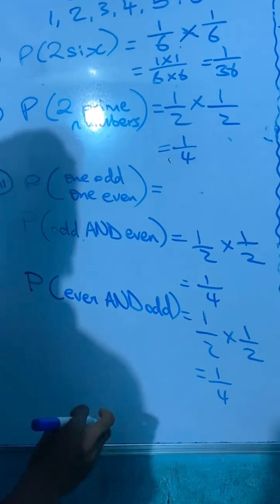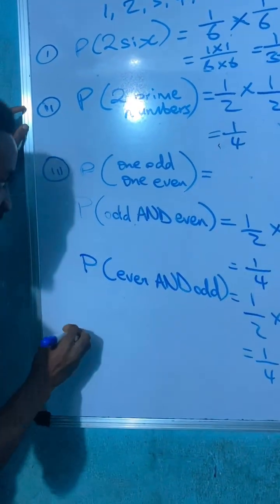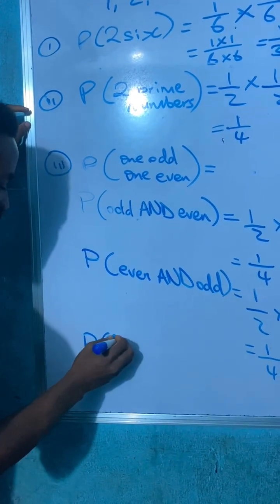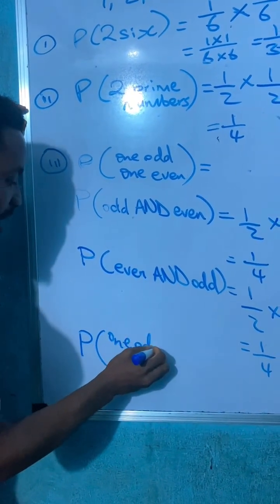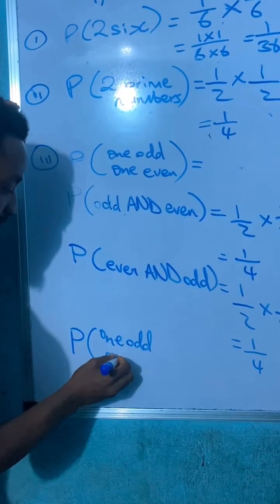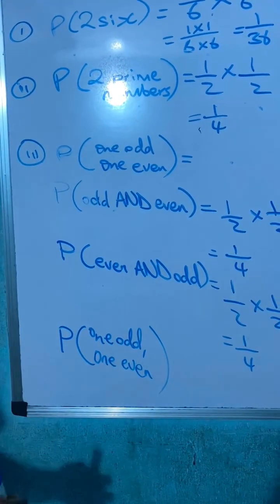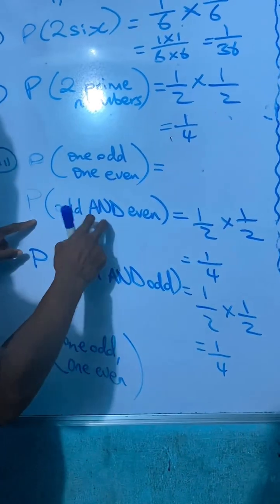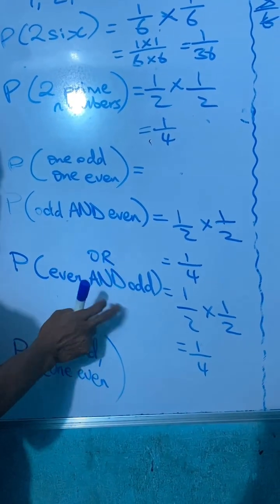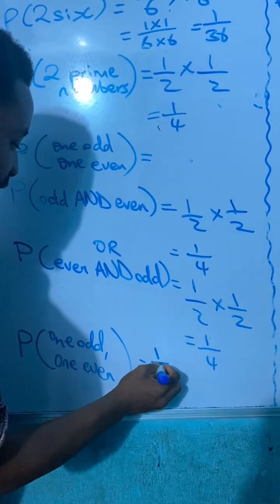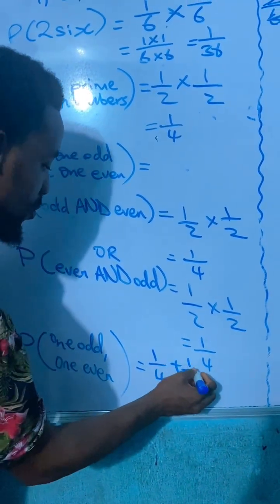You understand? So now what we are going to find is this last one. Probability of getting one odd and one even number, which they did not specify if it's going to be and or. So we are just going to do this or this. So that equals 1 over 4 plus 1 over 4.